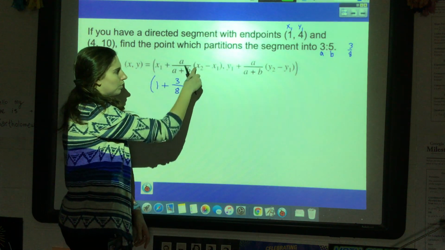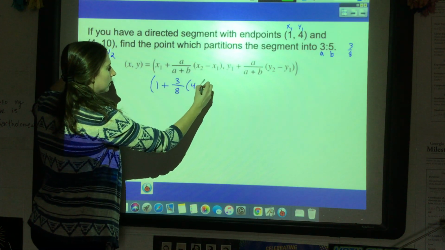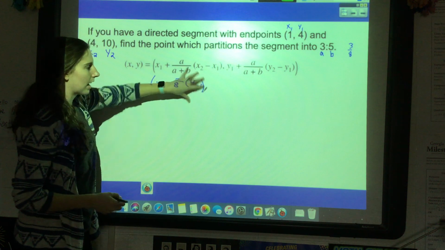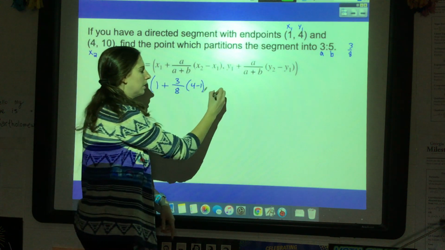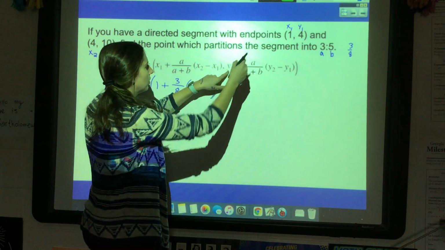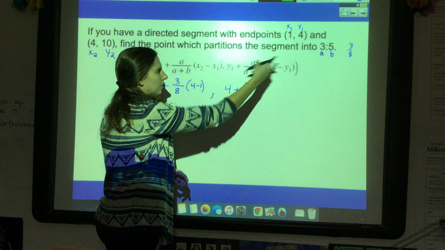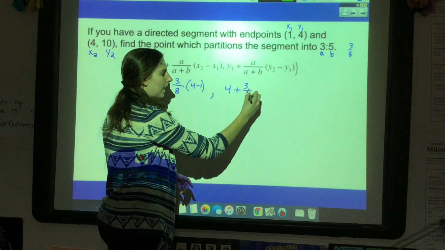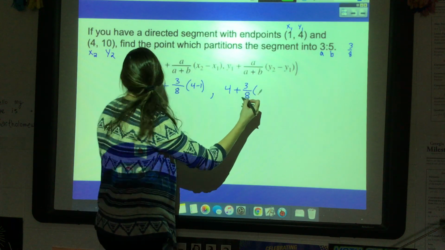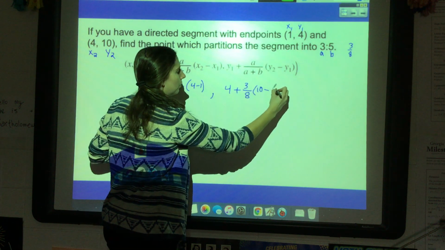And then I'm going to do x2 minus x1, so 4 minus 1. And that's the end of the x coordinate. So comma, and then we do all the y stuff. y1, which is 4, plus, again, A is 3 over A plus B, which is 8, and then y2, 10, minus y1, 4.